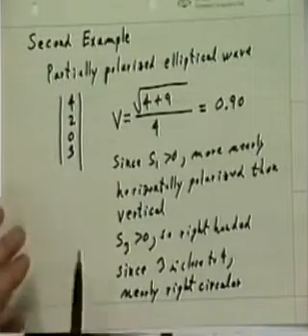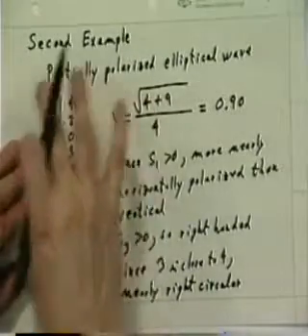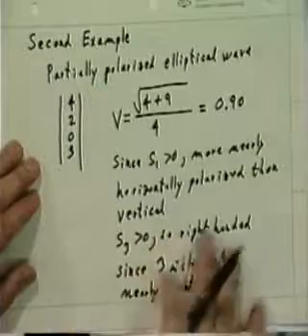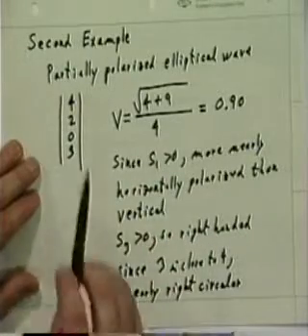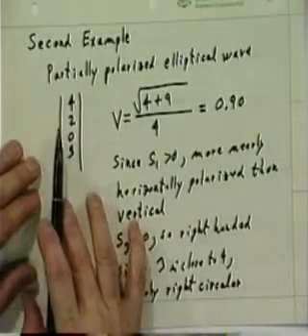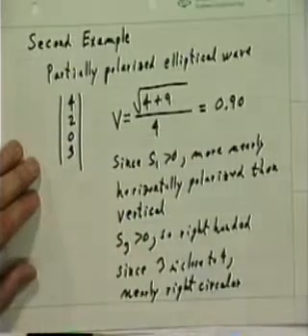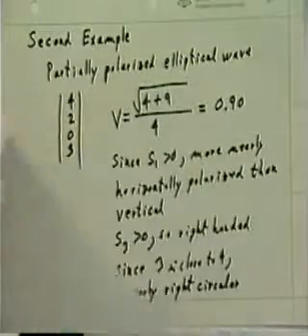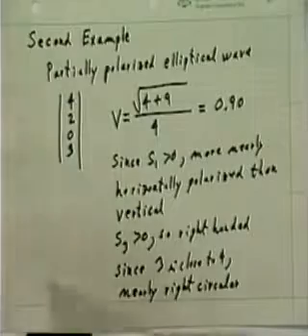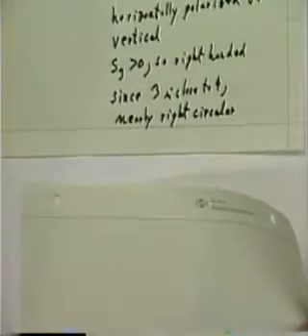Okay, so now we're going to take this beam, which we have these little things that we've noted about it, and we're going to transmit it through a quarter wave plate with a vertical fast axis. So let's write that down here.